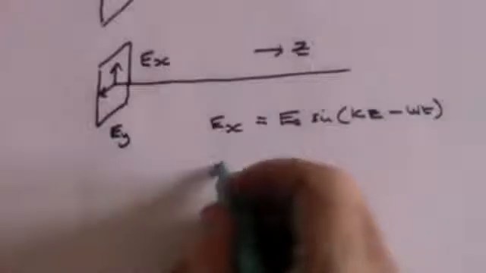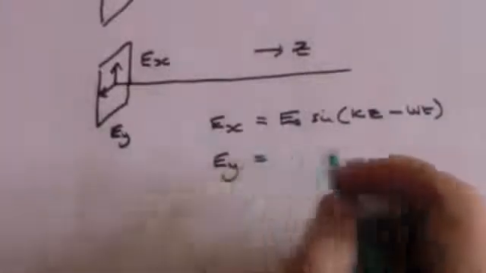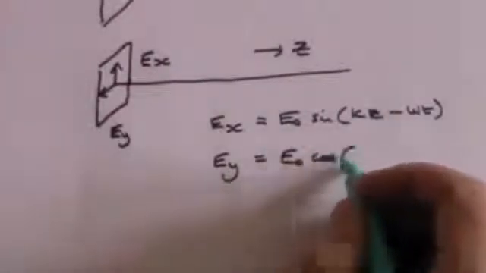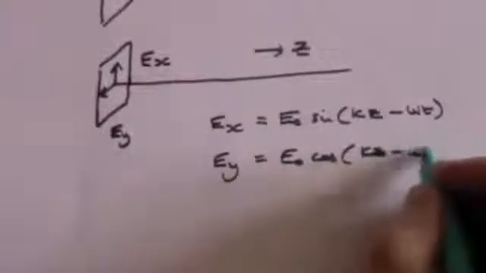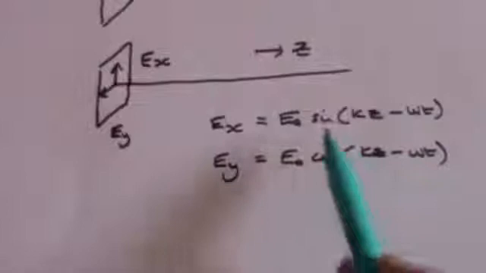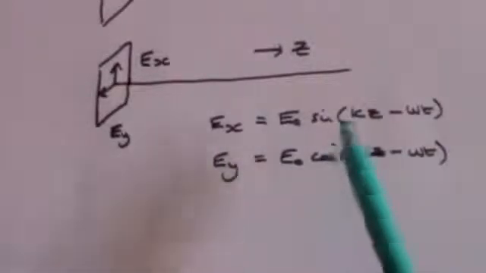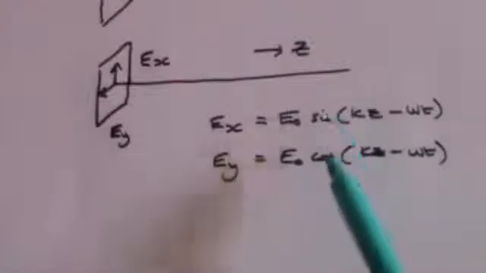And the wave in the y direction will be E0, the same amplitude, times the cosine of kz minus omega t. And when that happens, the two waves are 90 degrees out of phase. What that essentially means is that when this is at a minimum, this will be at maximum, and vice versa.